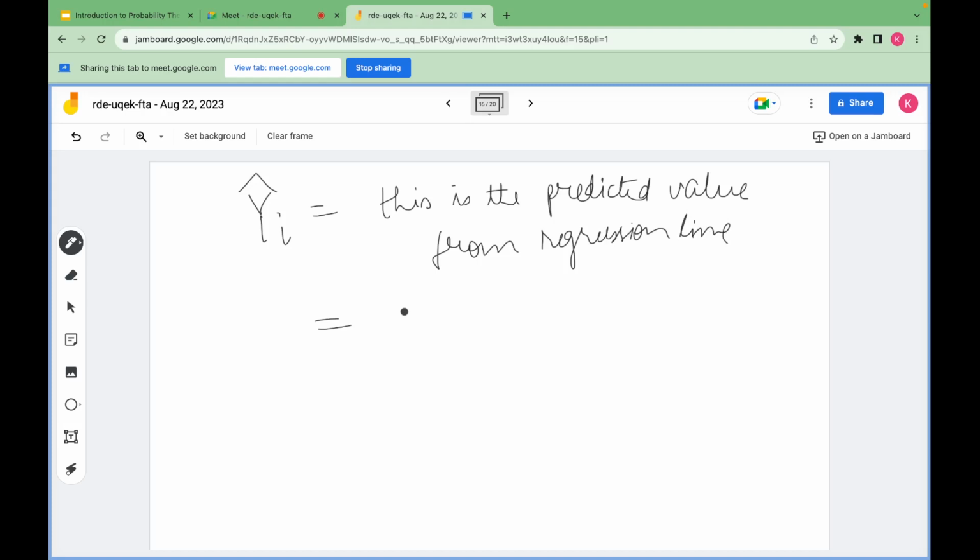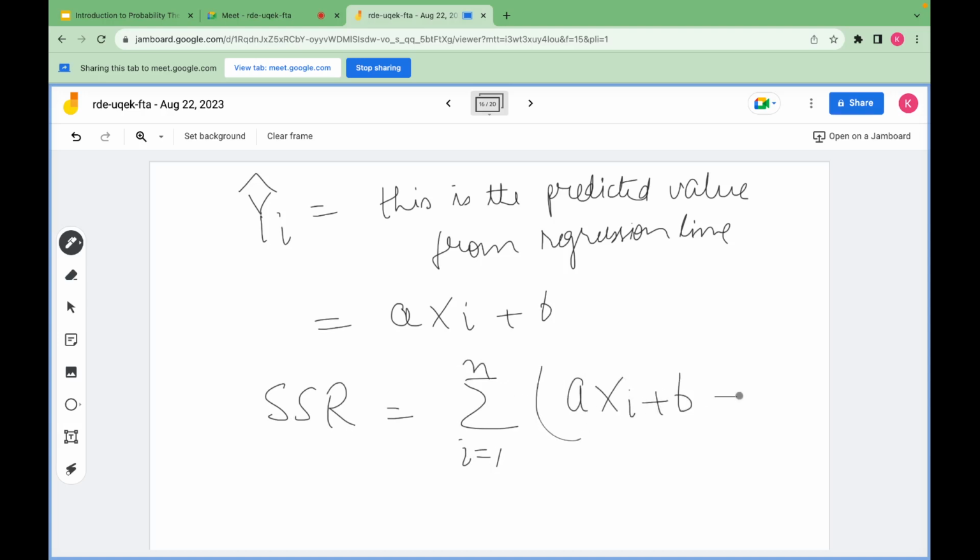This can be denoted by axi plus b. These a and b are the coefficients: a is the slope and b is the intercept. So this SSR is nothing but the summation of axi plus b minus y average, where y average is the average of the actual data and axi plus b is the predicted data. This is the sum of squares regression.